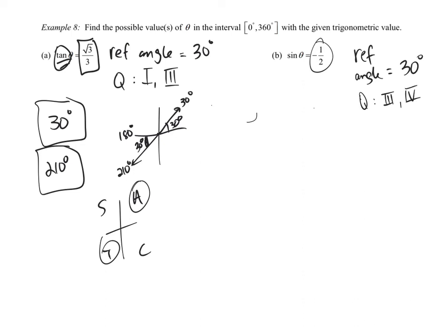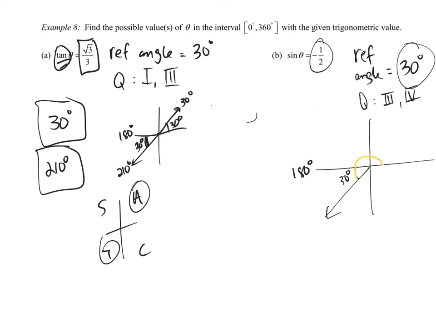So the objective now is to figure out what angles in quadrant 3 and 4 have reference angles of 30. So if I draw a little picture here, I'm going to draw an angle in quadrant 3 with a reference angle of 30 degrees. I remember that this is 180 degrees, and so to figure out what this entire angle is, I'll use a different color here.